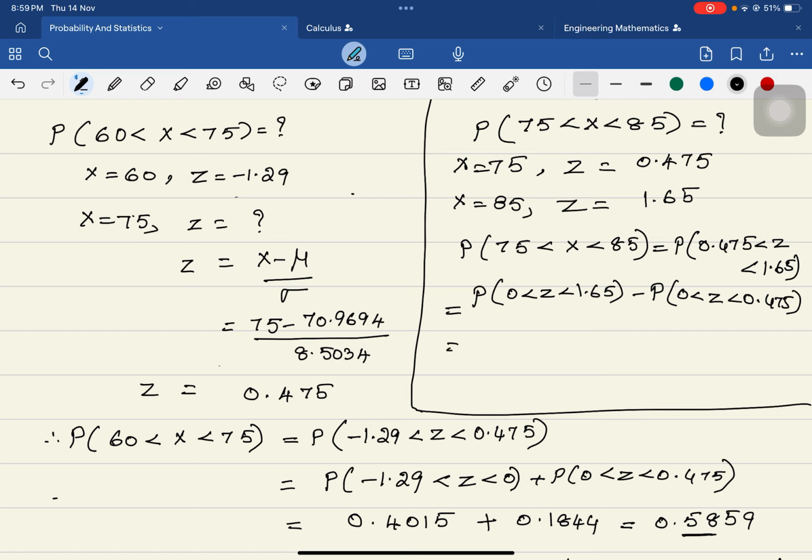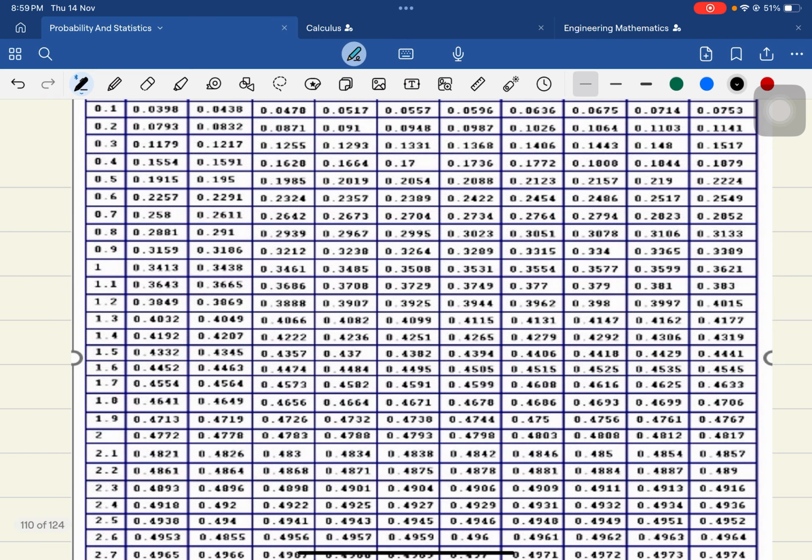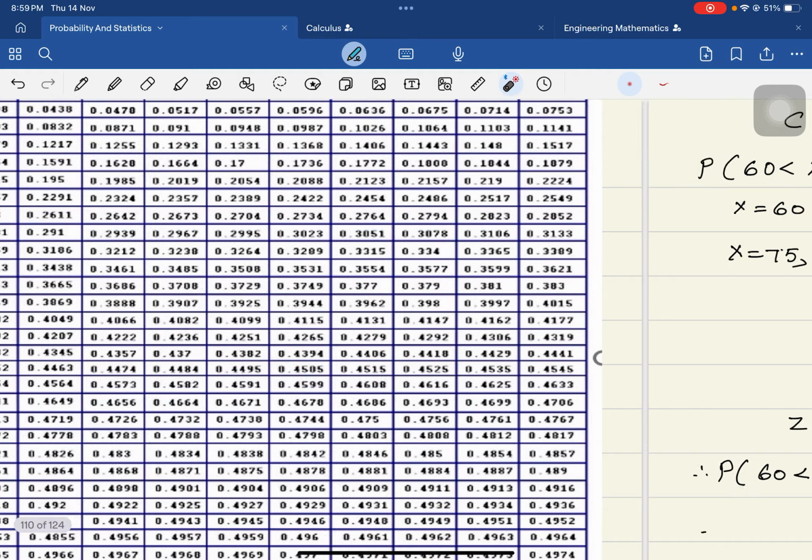So, let us now find out what is the area at 1.65. From the table, 1.6 at 5, it is 0.4505, correct? 0.4505 is this value.